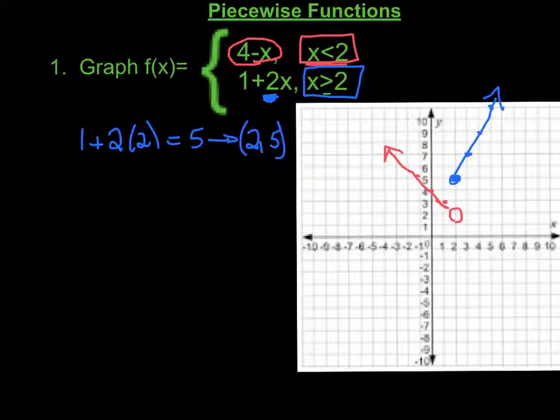Now, I did it in 2 different colors just so that you could get the general idea of one being different than the other and being able to distinguish the difference between their slopes. All right, let's look at the next one.